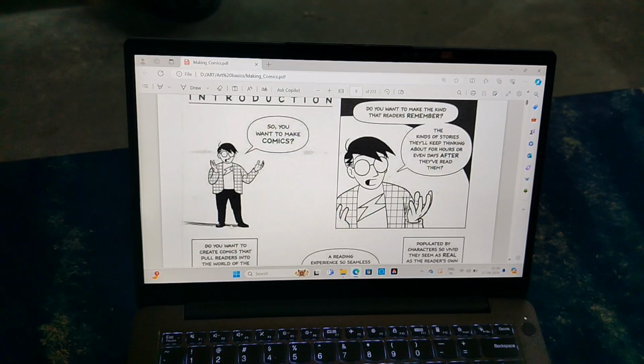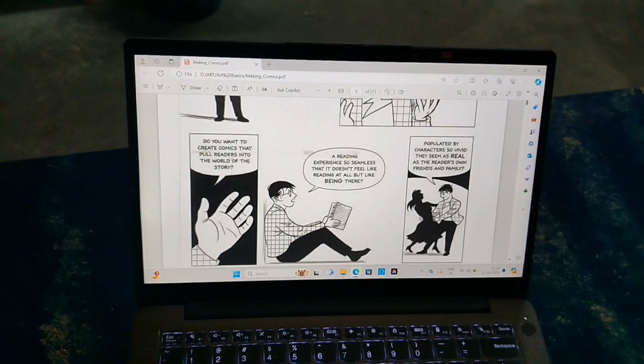Here, he is Scott McCloud, and he's saying, "So, you want to make comics? You want to make the kind that readers remember? The kind of stories they'll keep thinking about for hours or even days after they have read them? Do you want to create comics that pull readers into the world of the story?